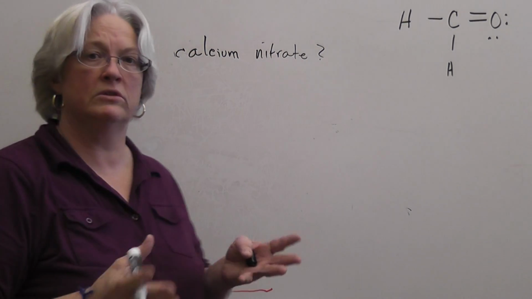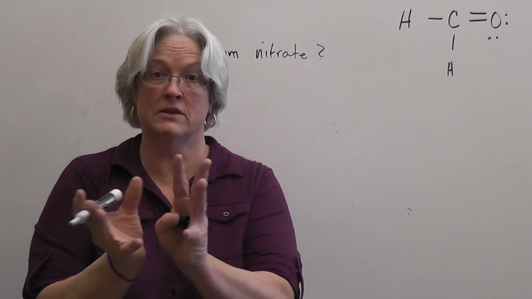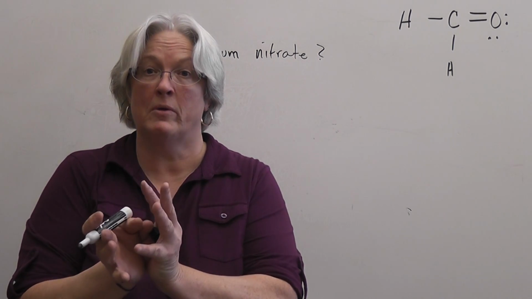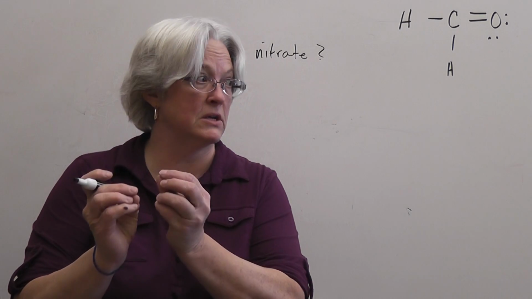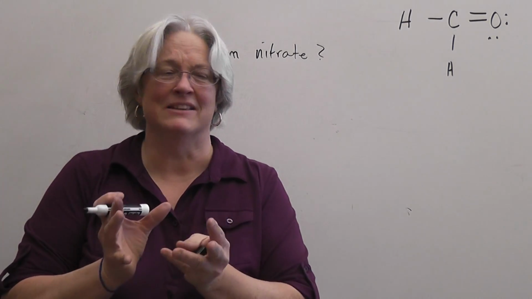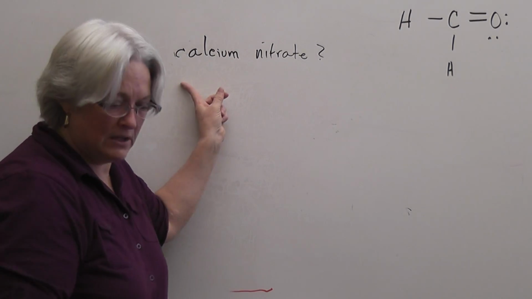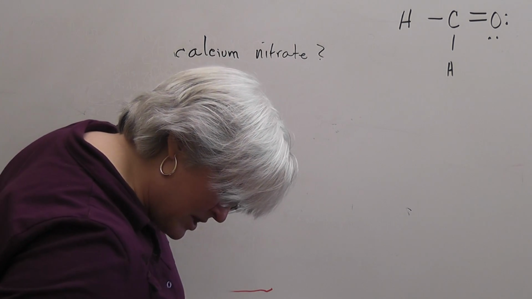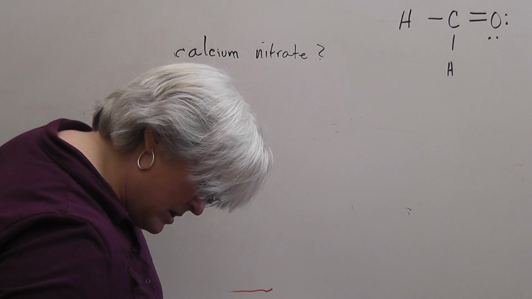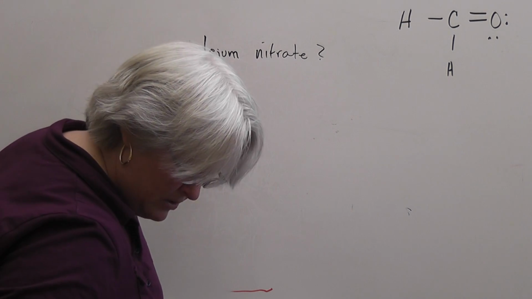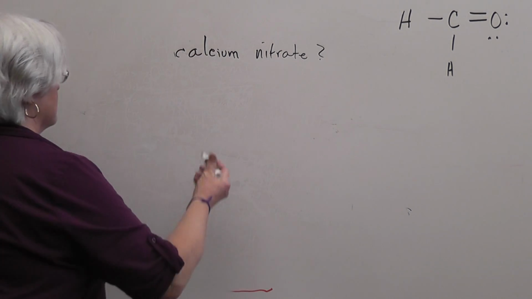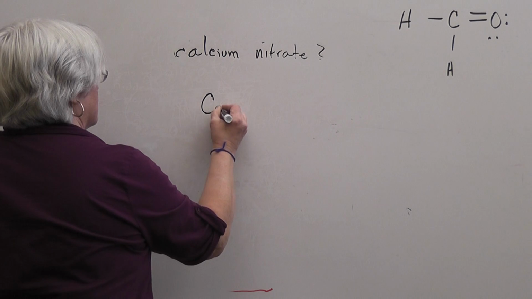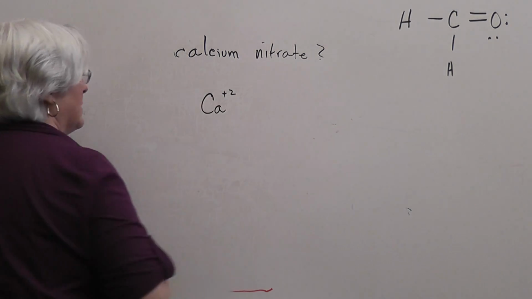How are we going to know what to do to create this chemical formula? Remember what they said to do. Check and see the number of electrons that are in its outer shell. So you look at calcium and you see that calcium has 2. So it has a charge of positive 2.